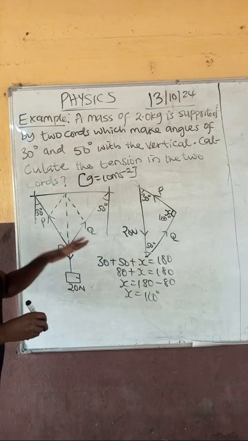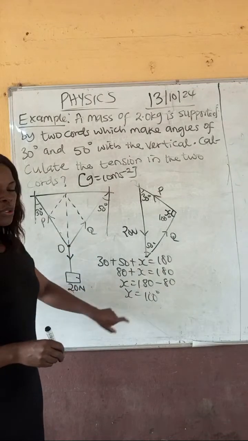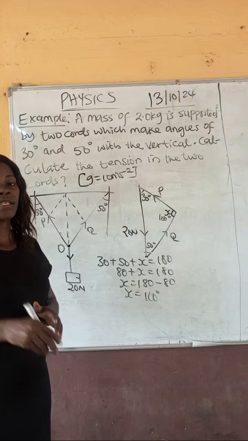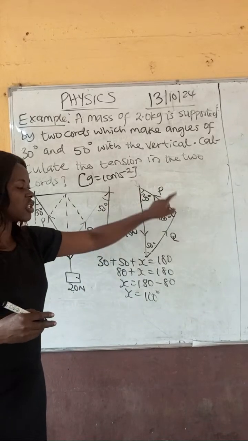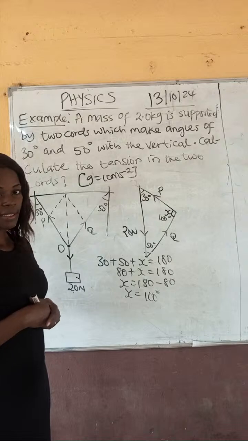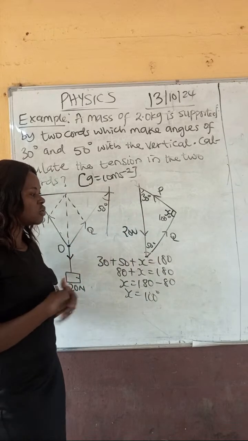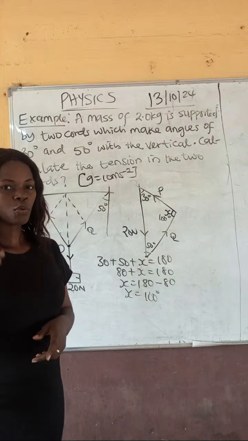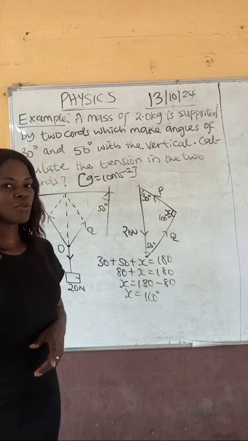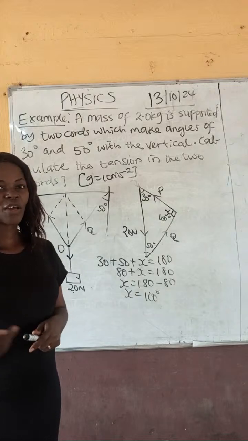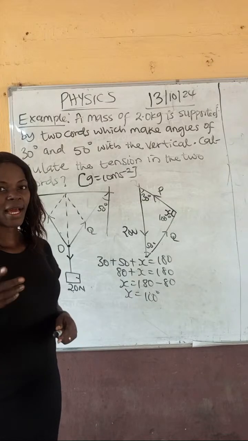This will give us a clue that we will use to solve for the tension in the two chords. We're looking for how to get our P and our Q. So for us to do that, we're going to use the sine rule. I will explain what the sine rule is all about and how we can apply it.